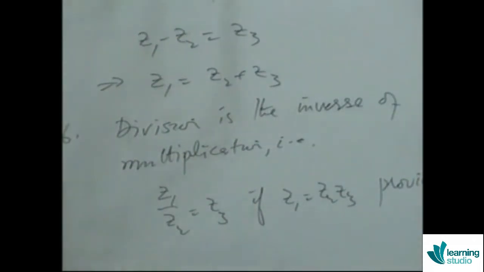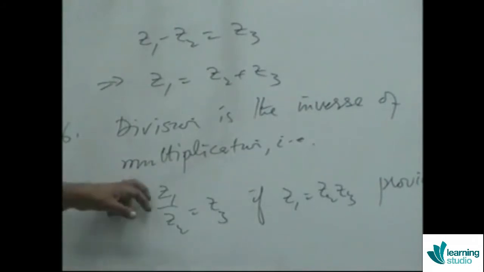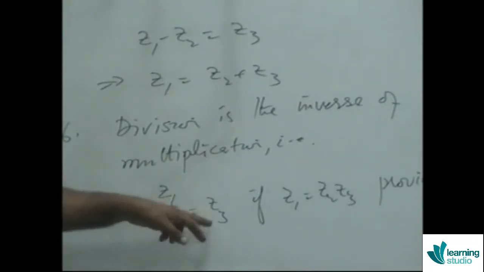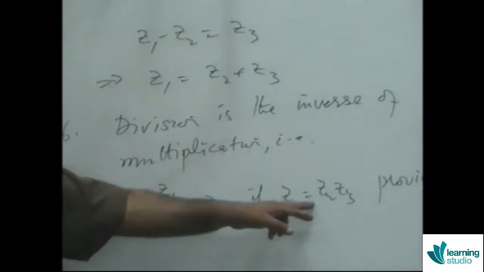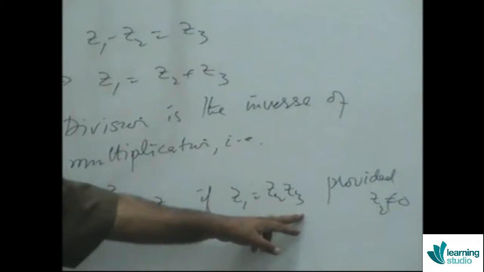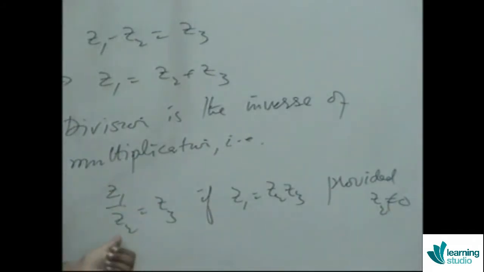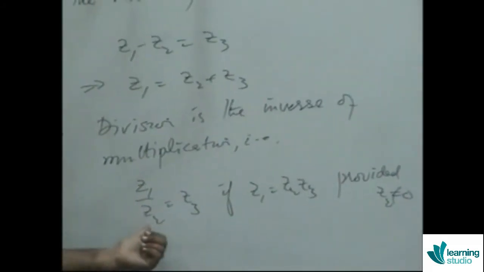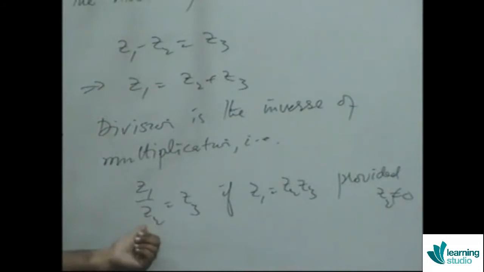Provided Z2 is not equal to 0, then Z1 divided by Z2 is equal to Z3. That means Z1 can be written as Z2 into Z3. This is a very strong condition over here, that Z2 should not be 0. If it is 0, then it is problematic.